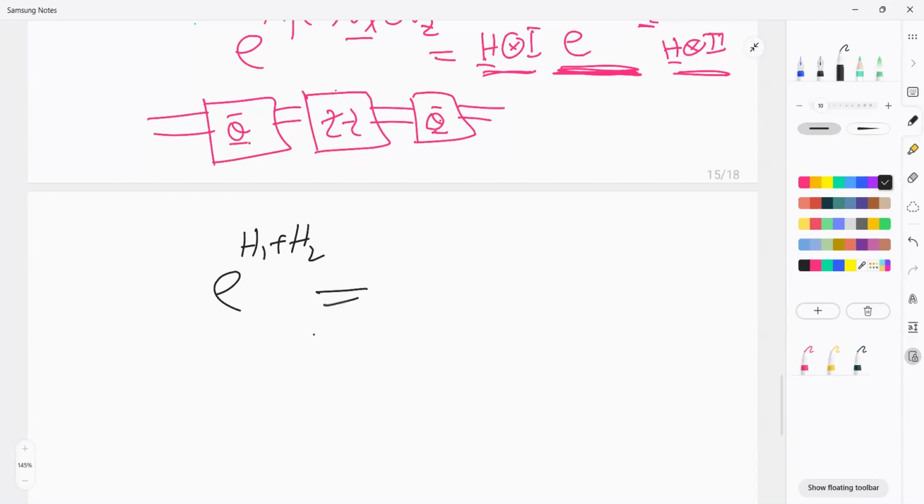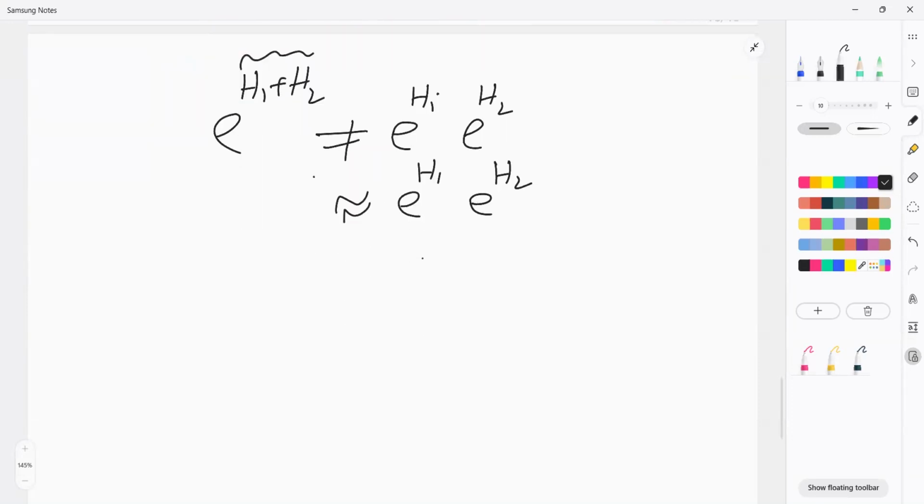In general, we can't write the exponential as a product of exponentials of h1 and h2. However, using the Trotter scheme, we can approximate it like this, which means that I can implement this sort of general Hamiltonian by implementing repetitions in the circuit.